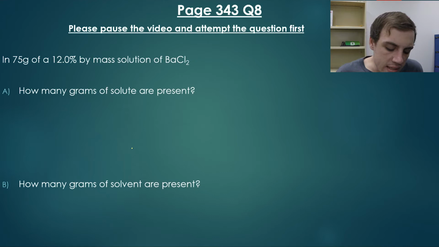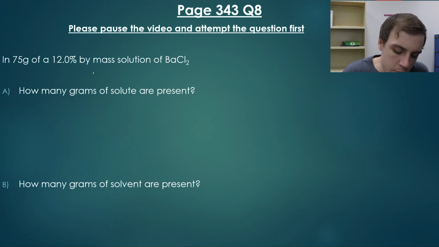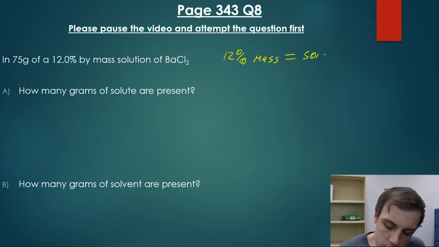So the question states, in 75 grams of a 12% by mass solution of barium chloride, how many grams of the solute are present? Okay, so it means that 12% of the mass is the solute.